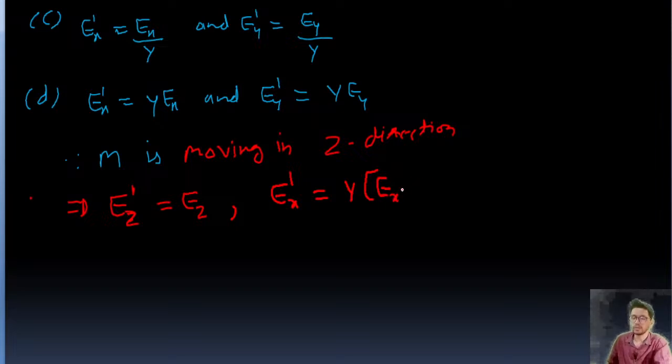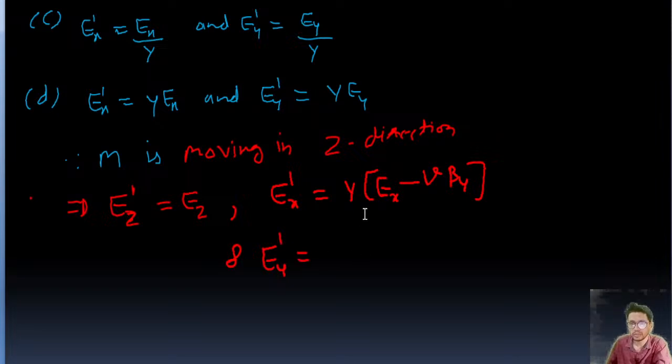Ex dash is gamma times (Ex minus v By), where v is the velocity of that frame M and By is the magnetic field along the y direction. Similarly, Ey dash is equal to gamma times (Ey plus v Bx).